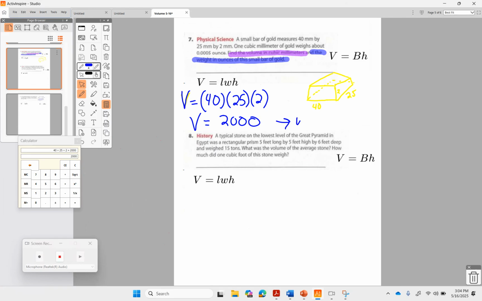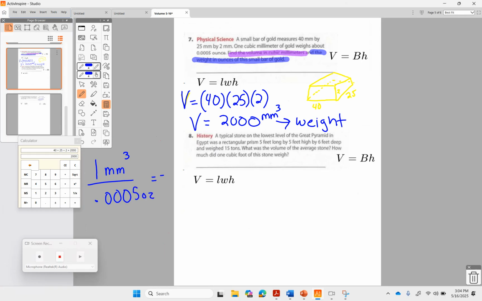But I need to find the weight. This is where our ratios come back in. So if 1 cubic millimeter, so actually I would write it millimeters cubed. So let's write this as 1 millimeter cubed, okay, weighs 0.0005 ounces.